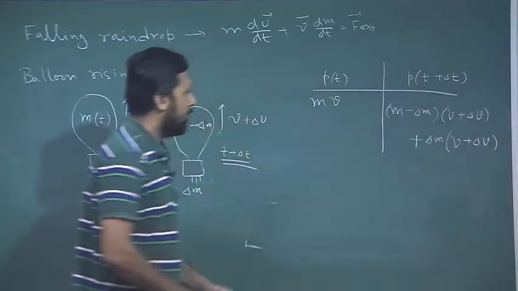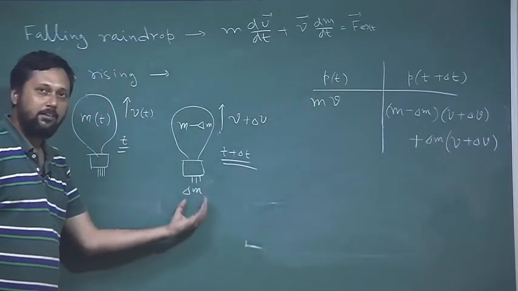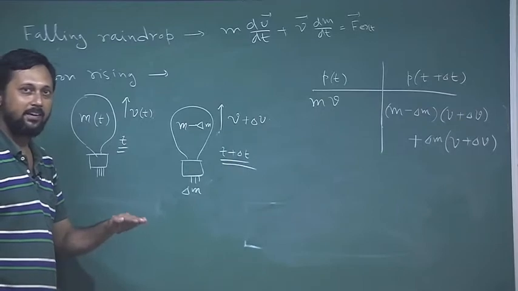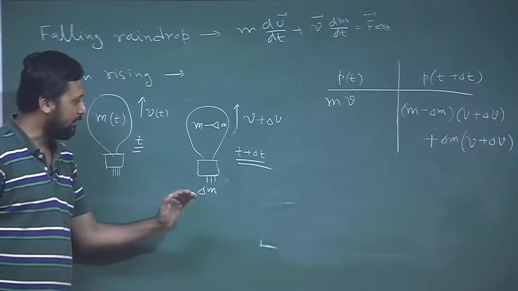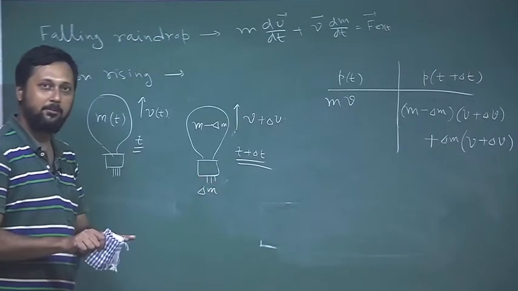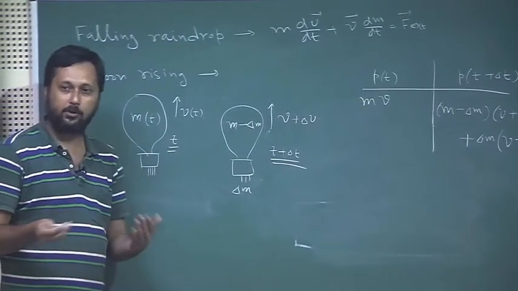Why the second term here? Because the sand which gets released from the balloon, at the point of release, also has the exact same velocity as that of the balloon. So, in this case, the mass is released at the same speed as the original body. I hope you are getting the point.